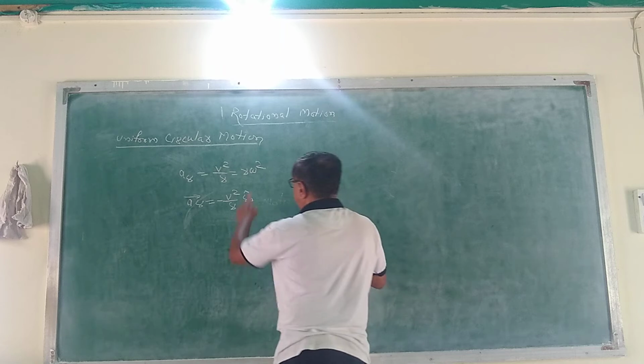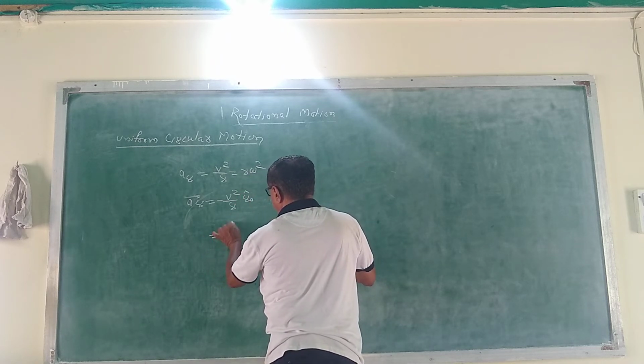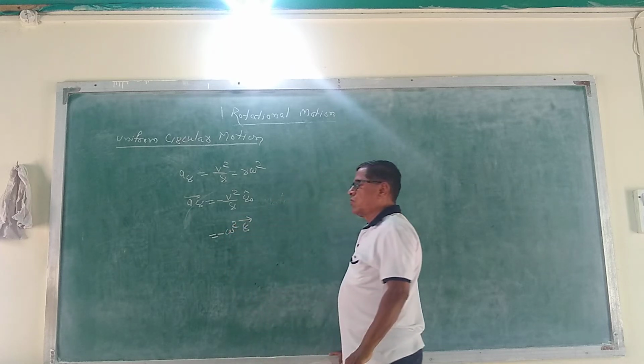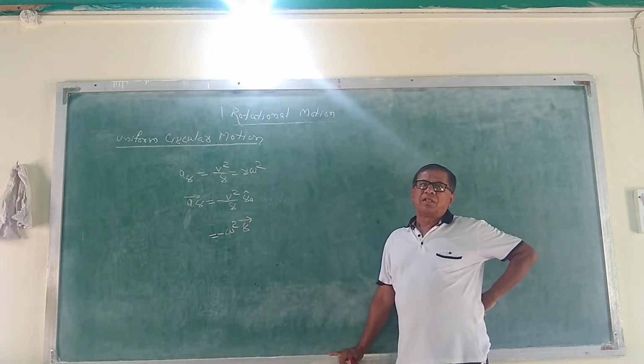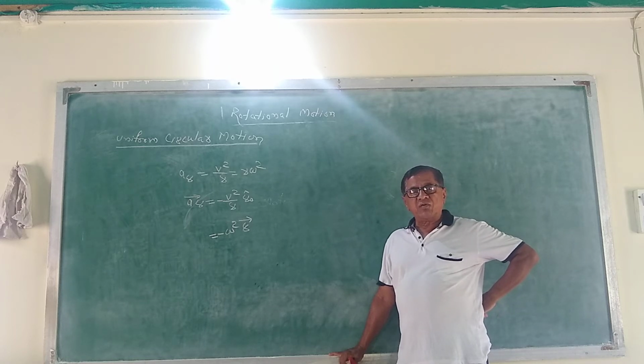The centripetal acceleration in this case is given as minus omega square r bar, where r bar is called the radius vector. That is, in uniform circular motion, the centripetal acceleration is constant but it has the negative sign.